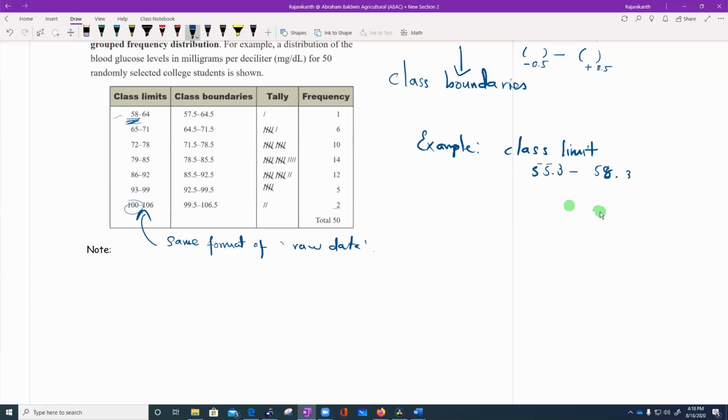If this is your class limit, then how do you find the class boundary? Let's see who is telling. Could you tell me the class boundary for this class limit?